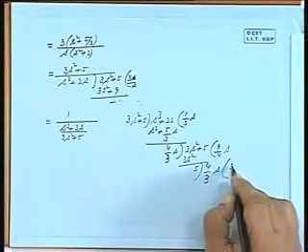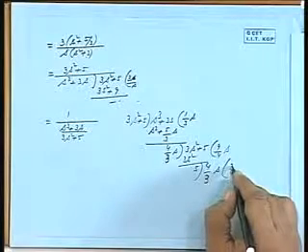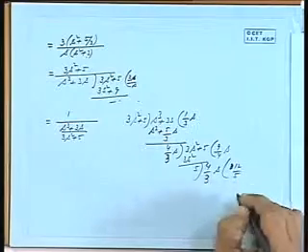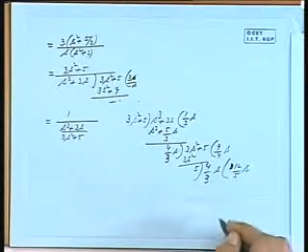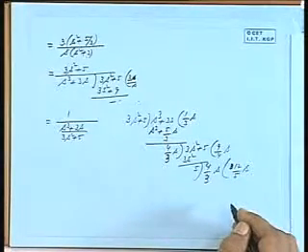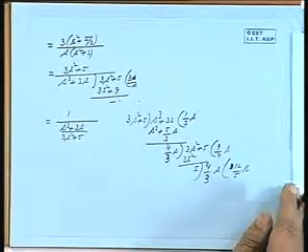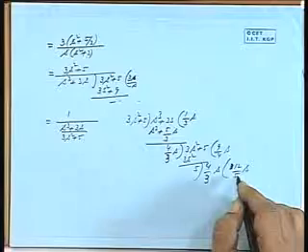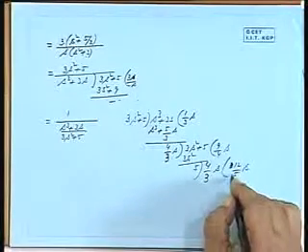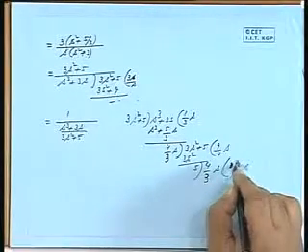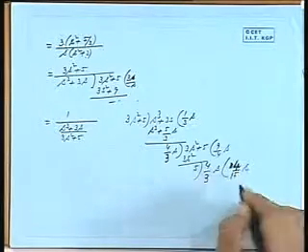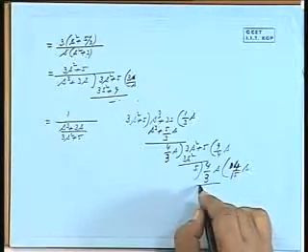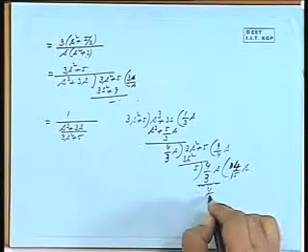So how much is it? 12 by 5 s. No, sorry, how much is it? 4 by 15, 4 by 15 s, so that will give me 4 by 3 s.